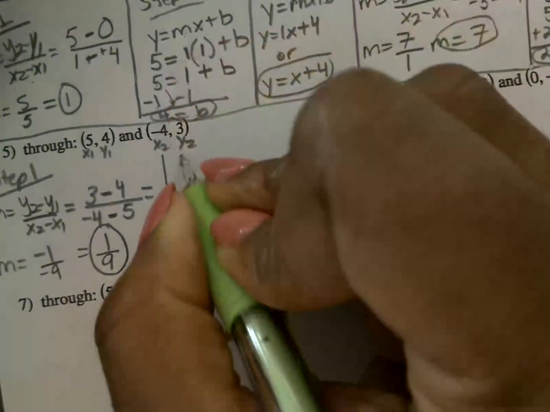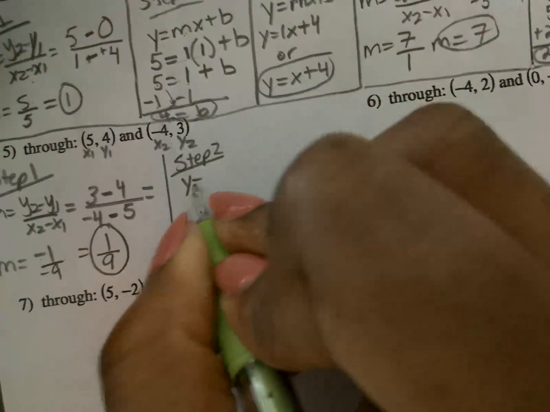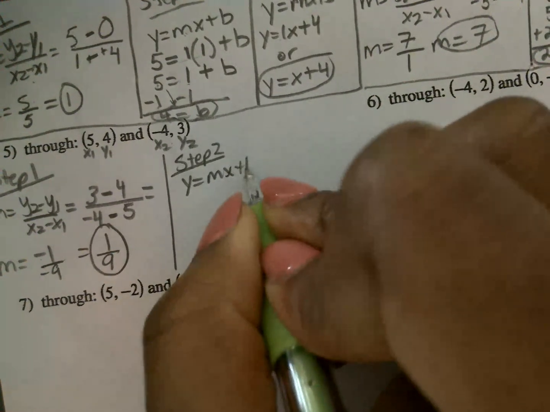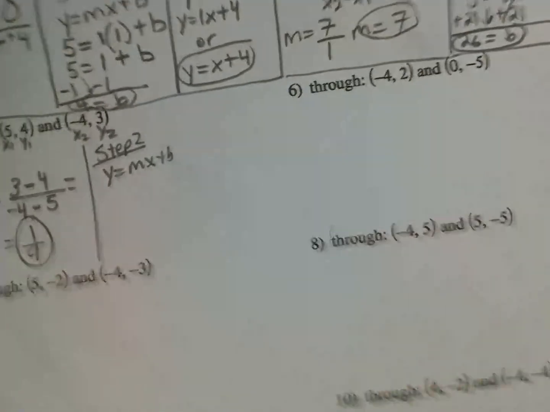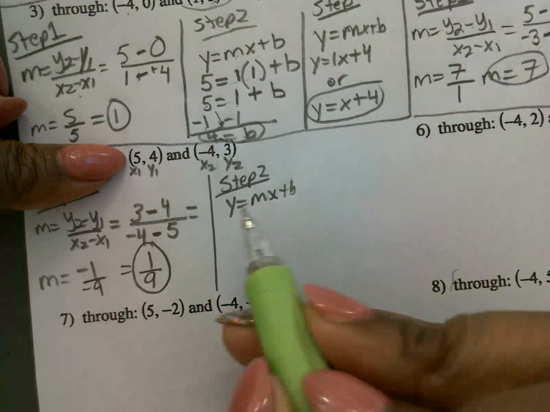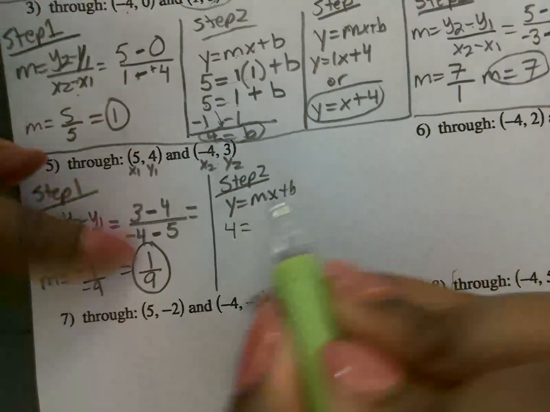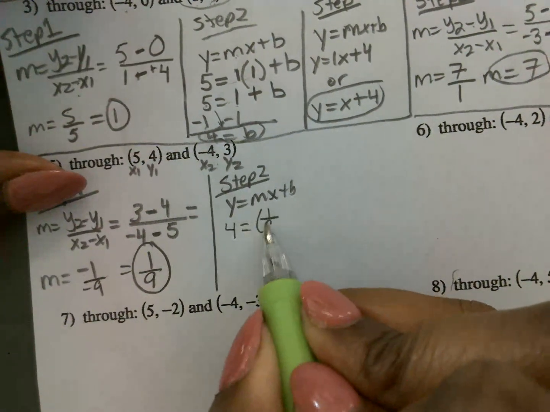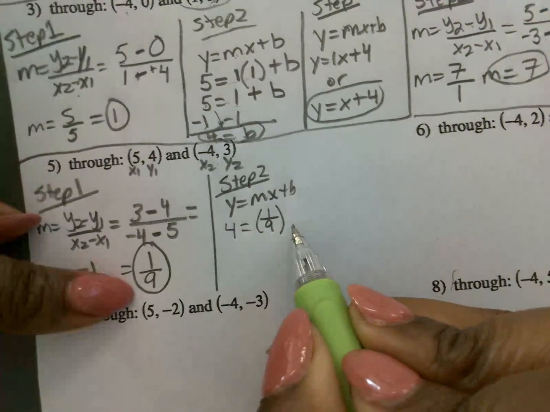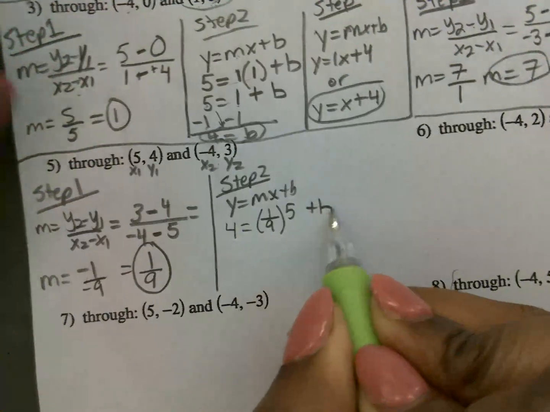Step 2. Okay, you're going to use y equals mx plus b. Okay, and you're going to use one of these points. I'm going to use this one, 4 and 5. So if I use 4 and 5, my y is 4. M is 1 over 9. My x is 5. Then we got plus b.